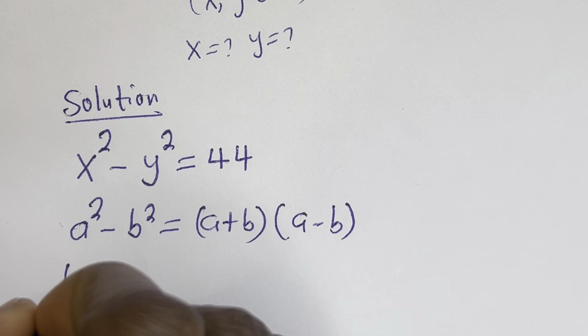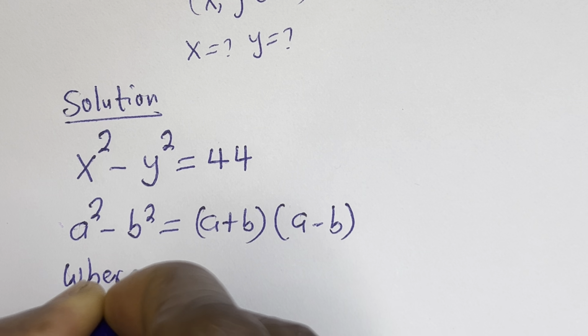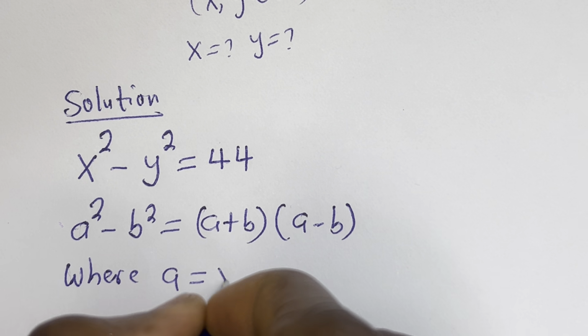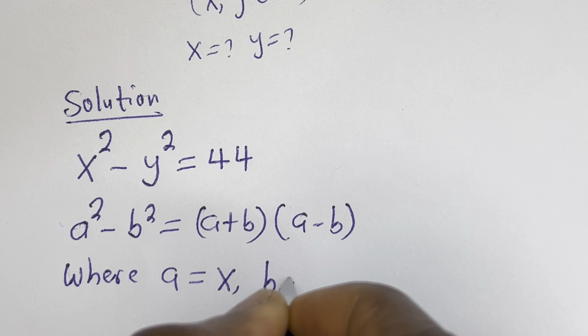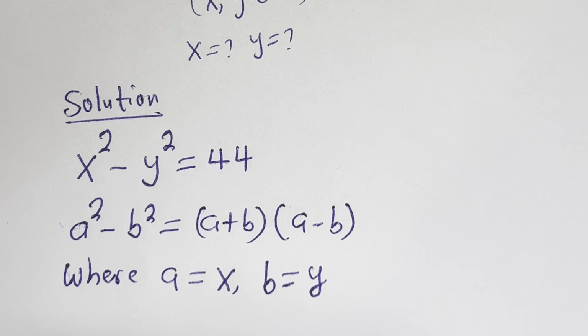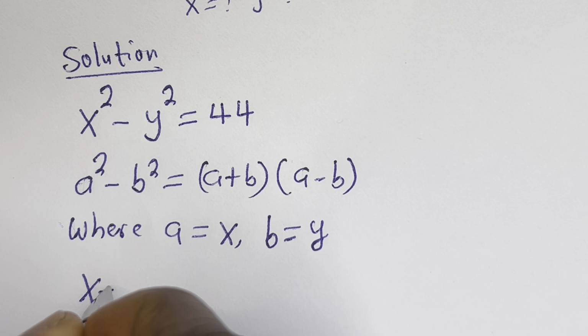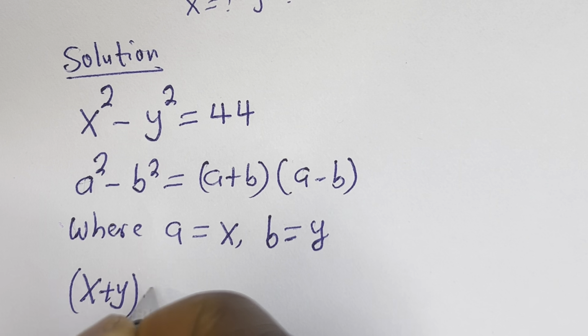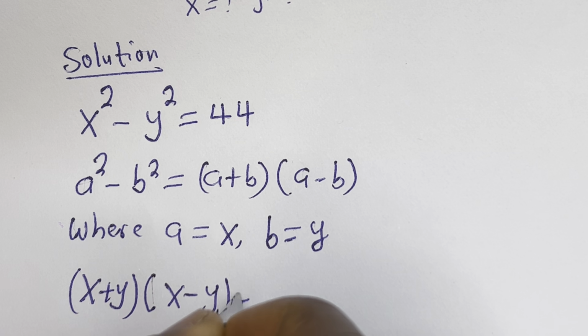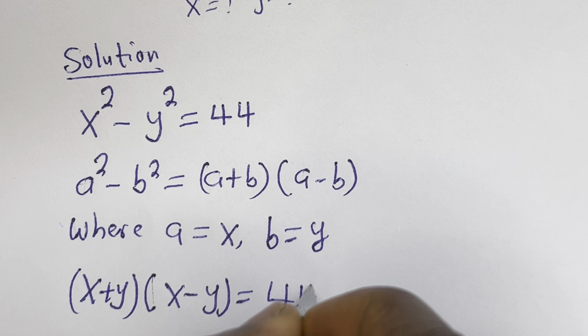Then where a is equal to x and b is equal to y, this can be written as (x plus y)(x minus y) is equal to 44.